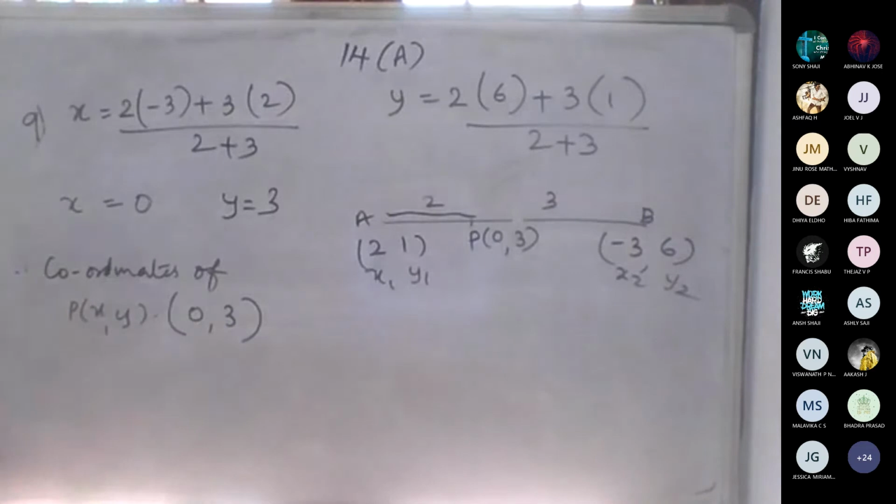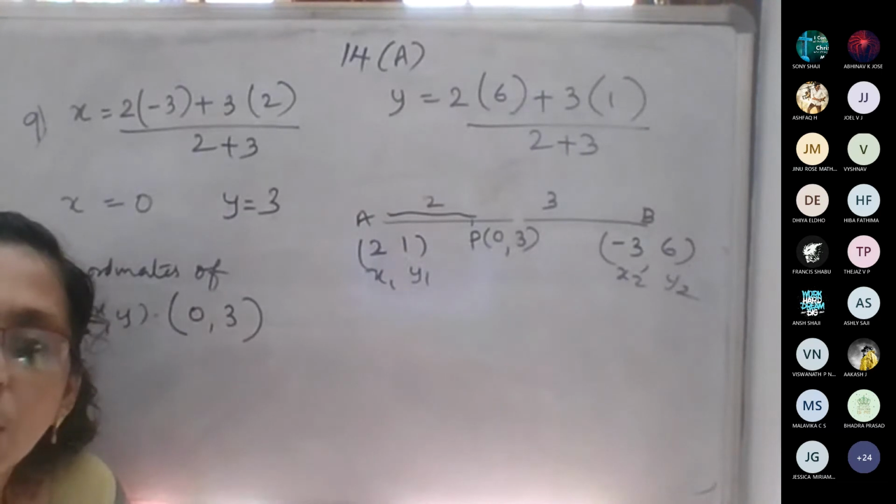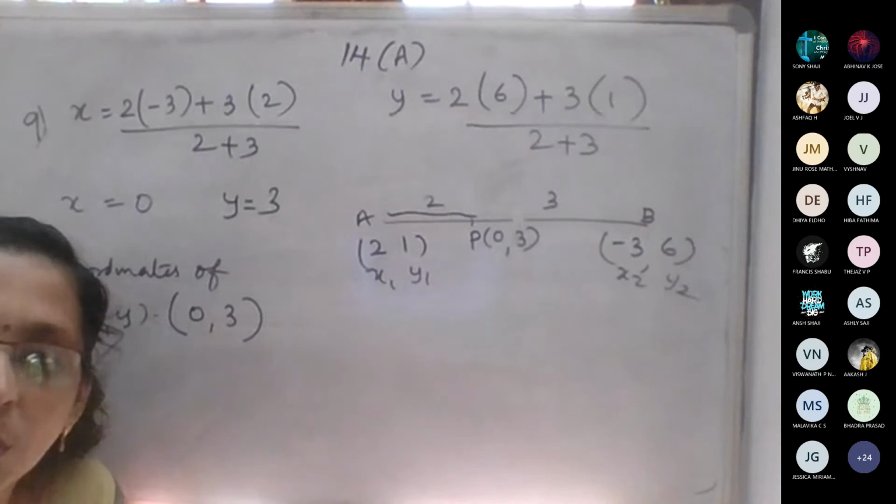So what we have to find out is whether it satisfies or not. It is given, does P lie on the line? So if we substitute the value of x and y as 0 and 3 in that equation, we have to check whether it satisfies or not.